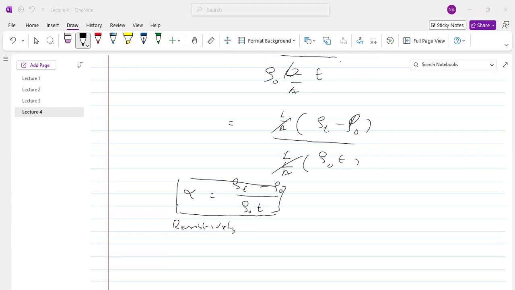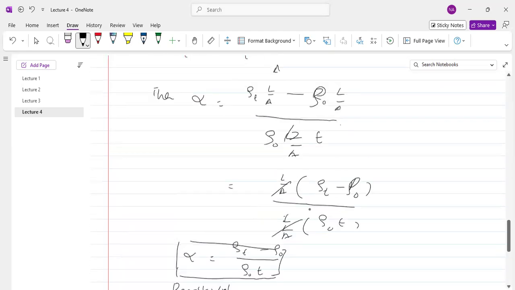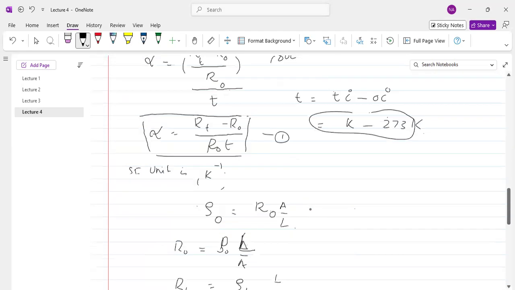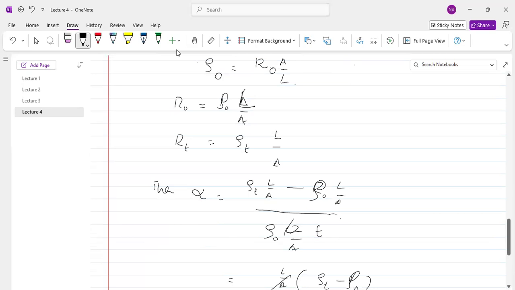Now, in your book, there is a table of temperature coefficients, and let me show you the table, and also the concept of the variation of resistance with the temperature. Let me show you with the help of a picture.